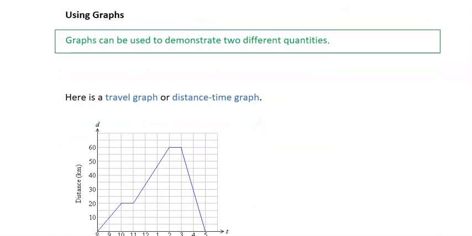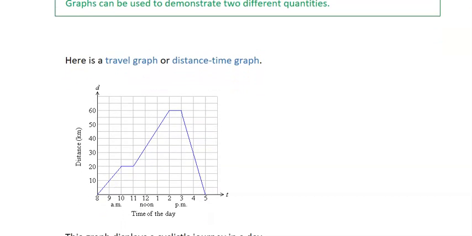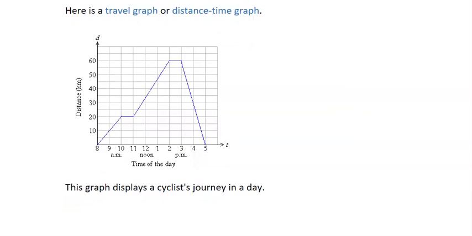So often graphs can be used to demonstrate two different quantities. Let's have a look at this travel or distance time graph. You can see the distance is on the y-axis, you've got the time going across the x-axis. This graph displays a cyclist's journey in a day.